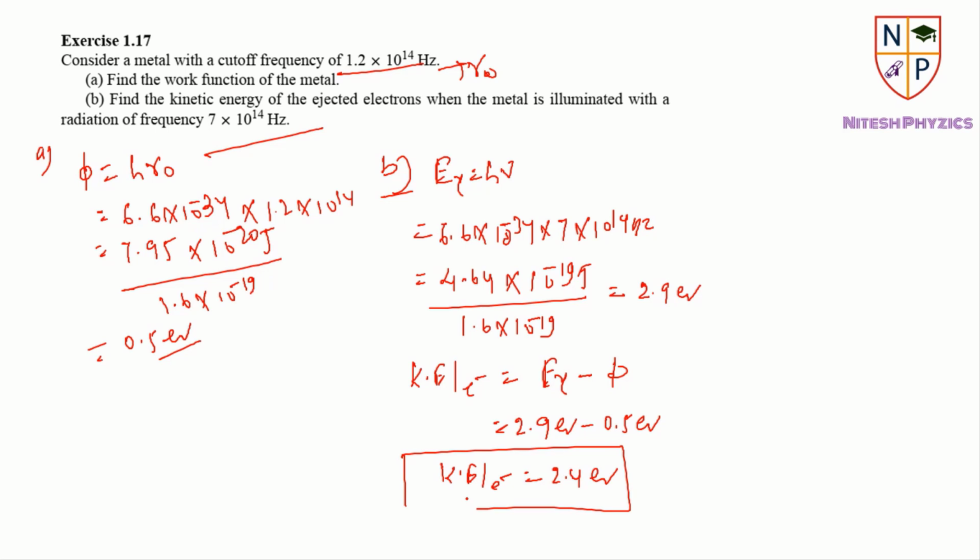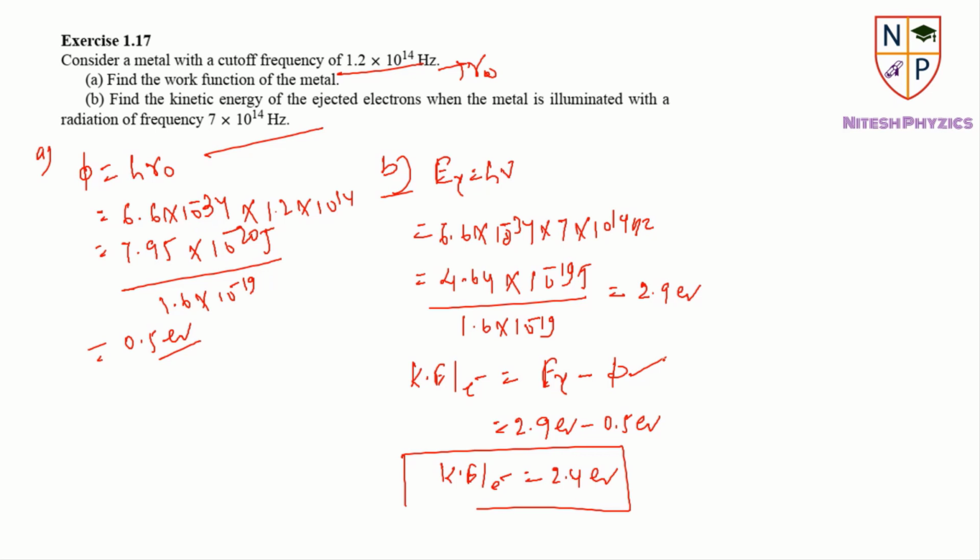Okay. So this will be the right answer. We calculated first the work function of metal, which is around 0.5 electron volt. After that we calculate the energy for the given frequency. Then we calculate E gamma minus phi, and get the kinetic energy of ejected electron, which is around 2.4 electron volt.